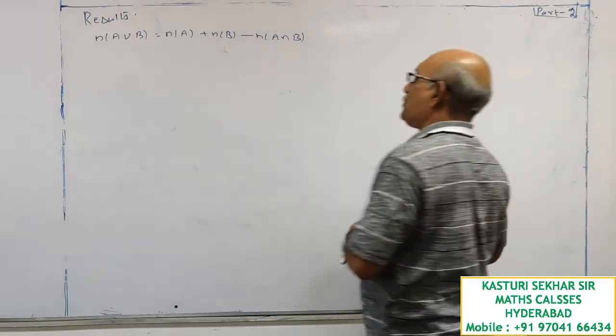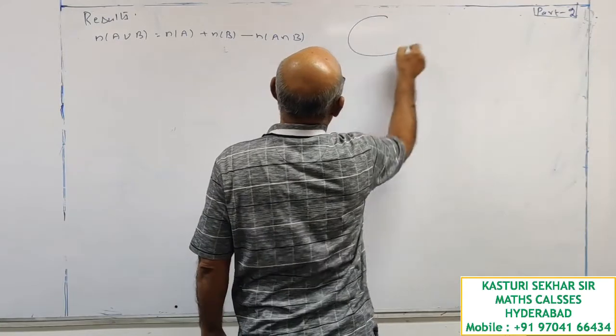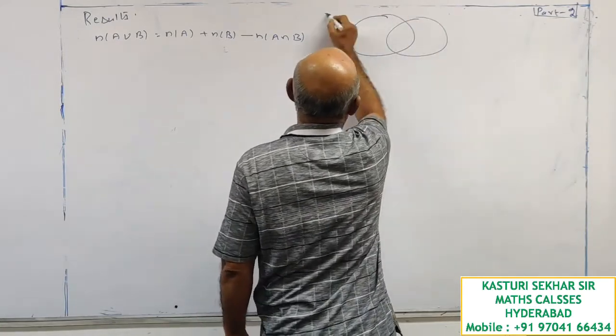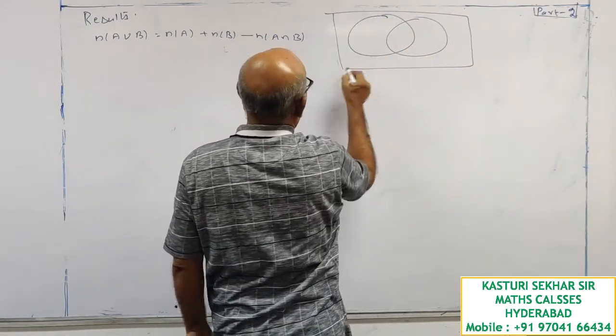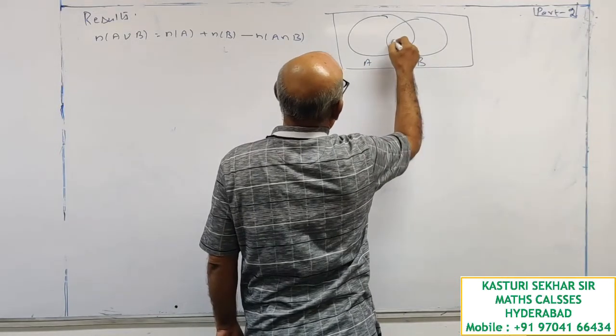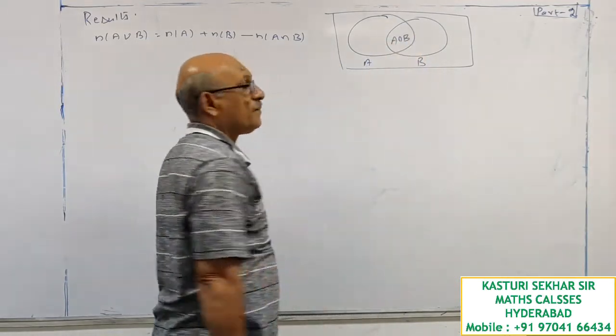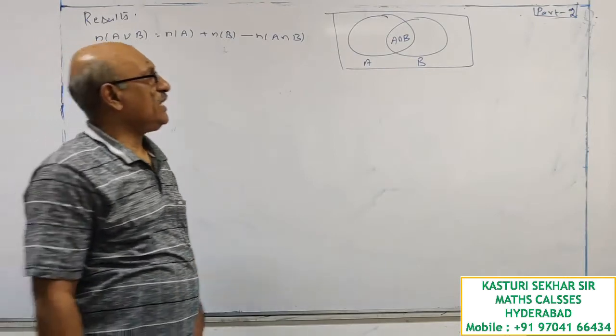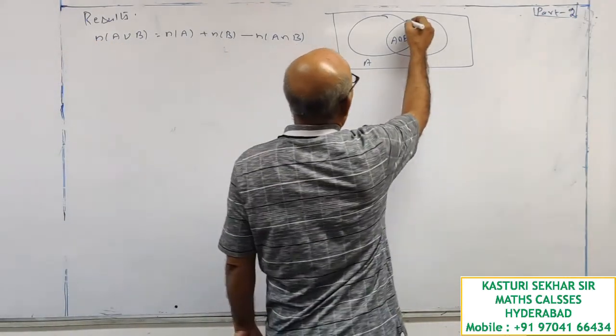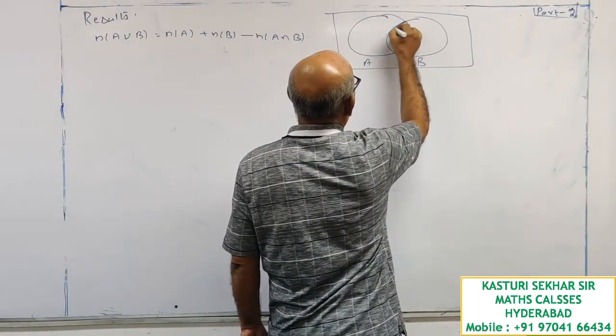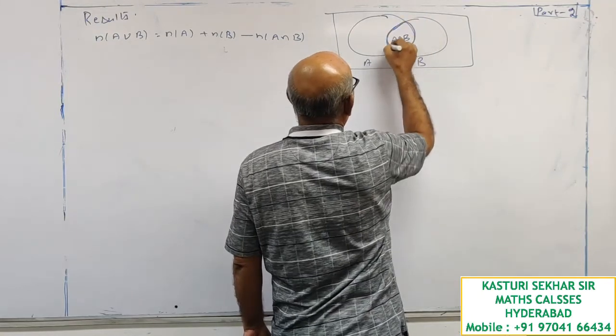Look at the Venn diagram, sir. This is set A, this is set B, this is A intersection B. When you are counting the elements of set A, A intersection B is included one time.